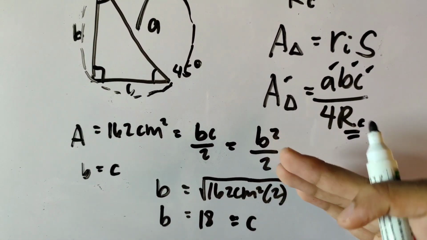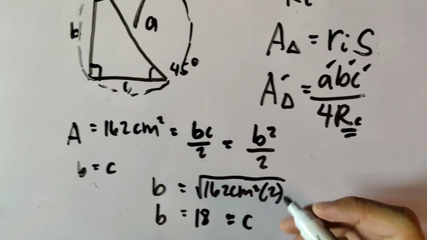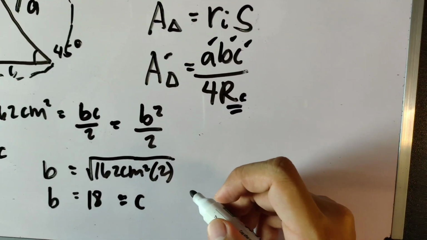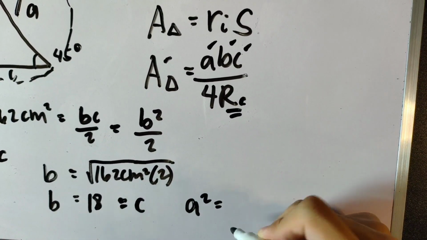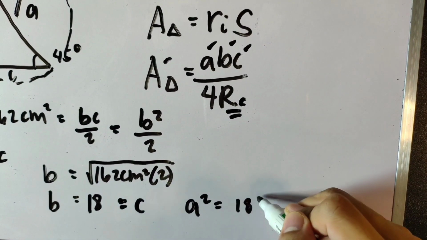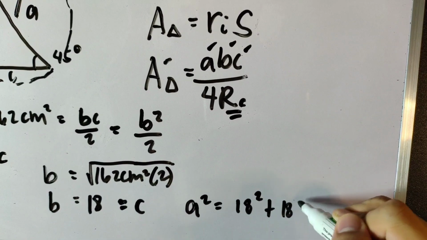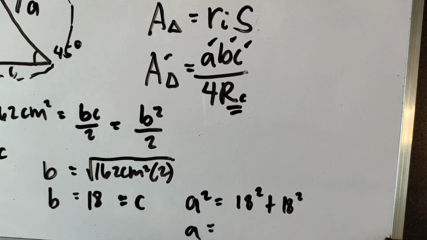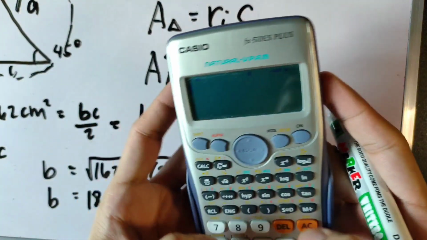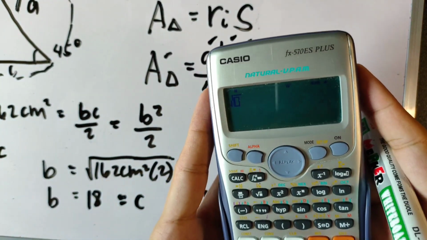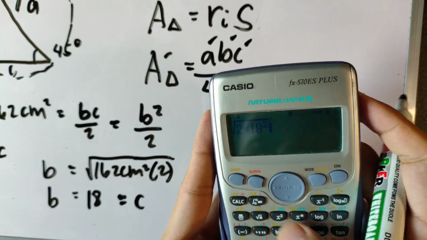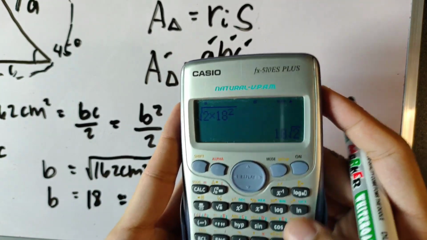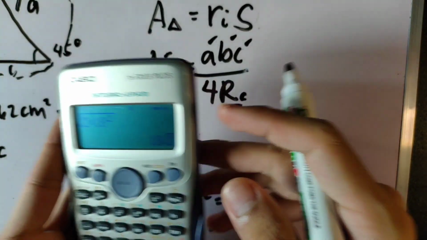Masasolve natin yan gamit ang Pythagorean Theorem. So ang A squared natin is equal to B squared plus C squared, 18 squared plus 18 squared. So ang A natin is equal to square root of 2 times 18 squared, which is 18 square root of 2.